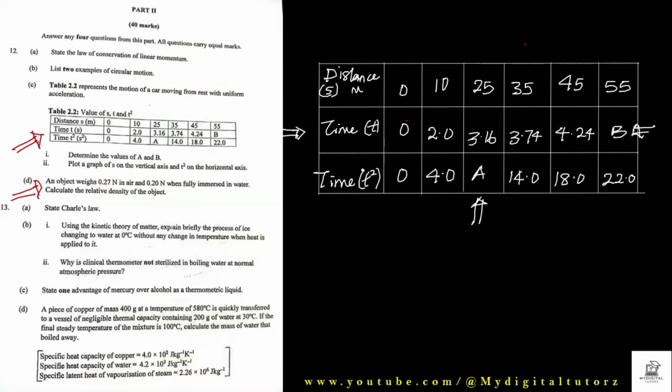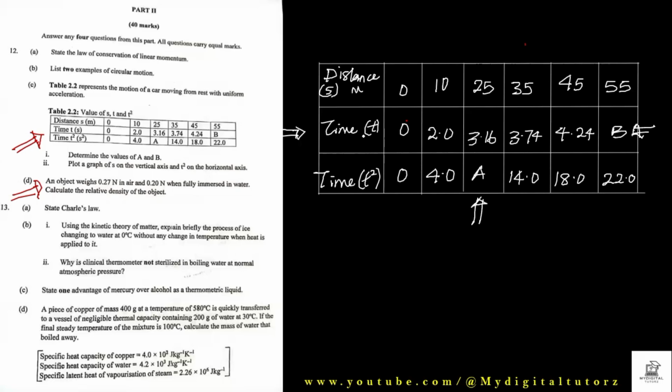When you have this type of question, it's very simple and straightforward. It's telling you that when distance is 0, time is 0, and t squared is also 0. And when distance is 10, the corresponding values of time and time squared are 2 and 4, respectively. To tackle this type of question, all you need to do is look at the trend.